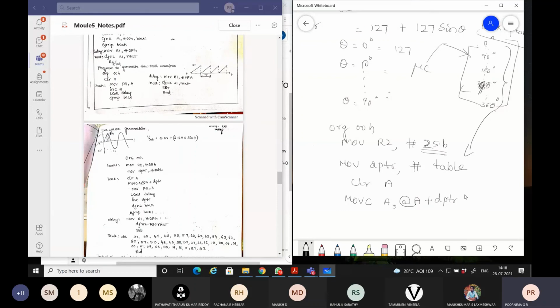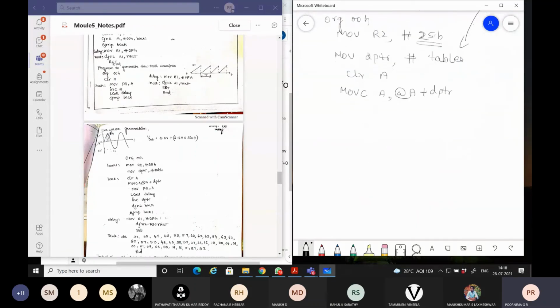After that, you have to give these values continuously to port 2. Move P2, A, then LCALL delay, a small delay you can provide, and then increment DPTR, fetch the next value, and give it out. DJNZ R2, comma, back.